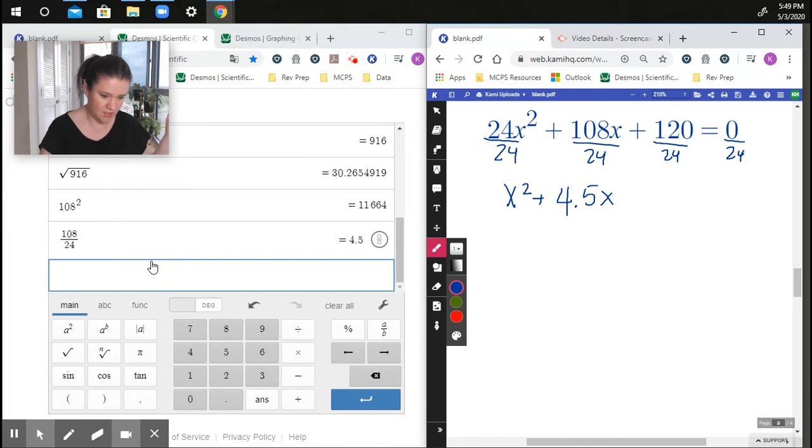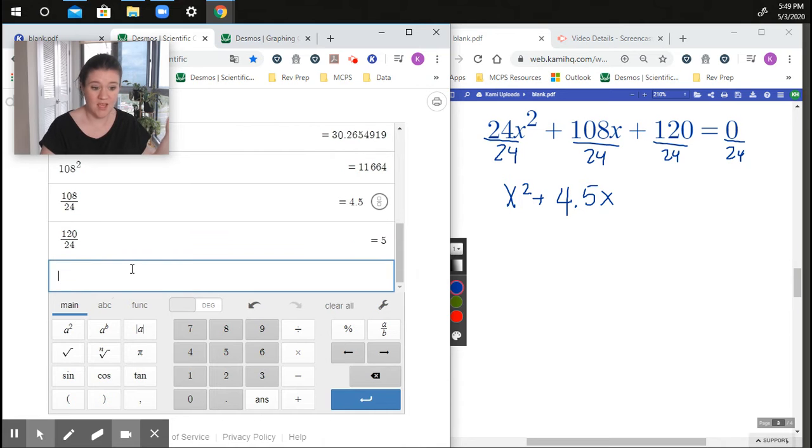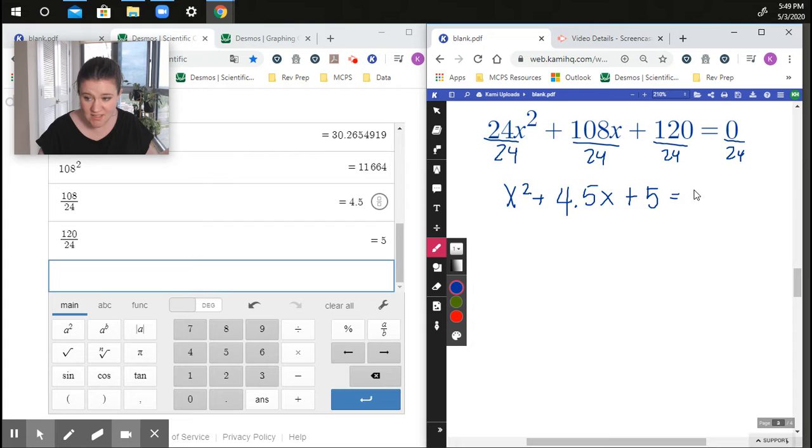And then 120 divided by 24 is 5. So this looks much less intimidating if you don't hate decimals. I'm going to use it this way, okay? I could have divided by 12, and this would have been 2x squared plus 9x plus 10, and then plug it in the formula.